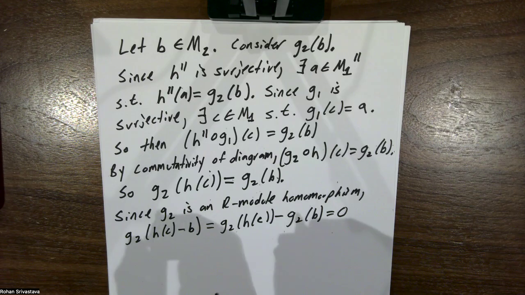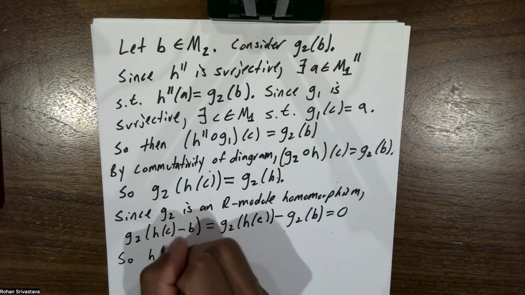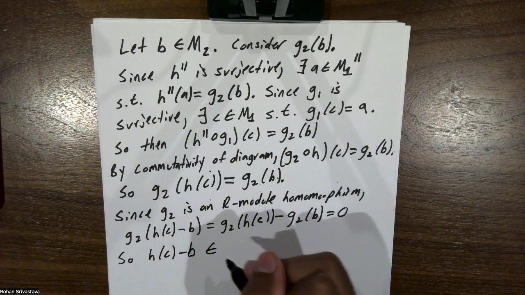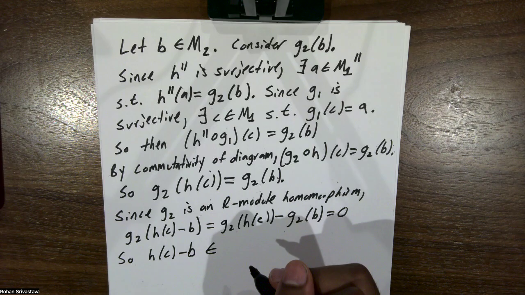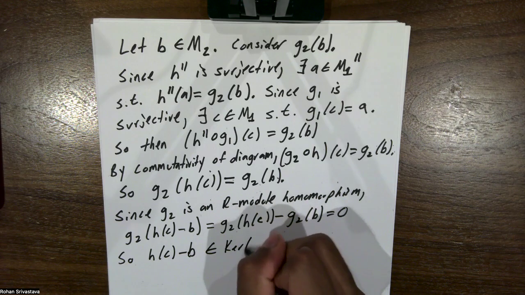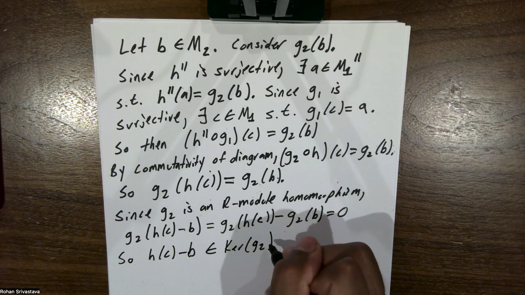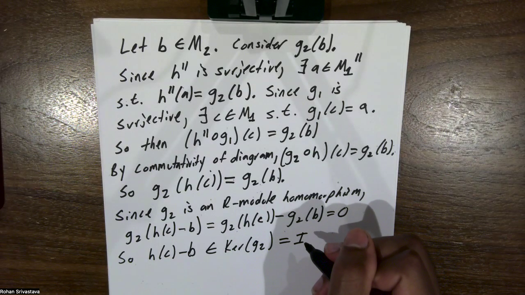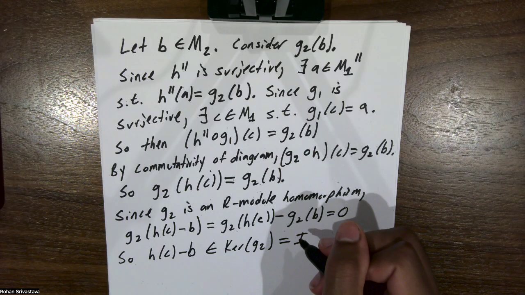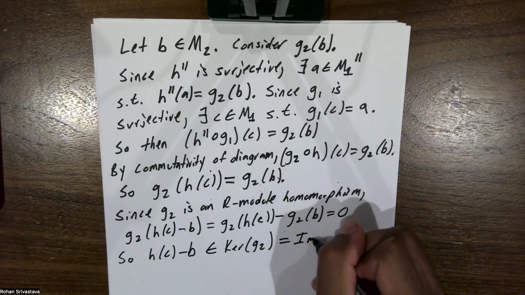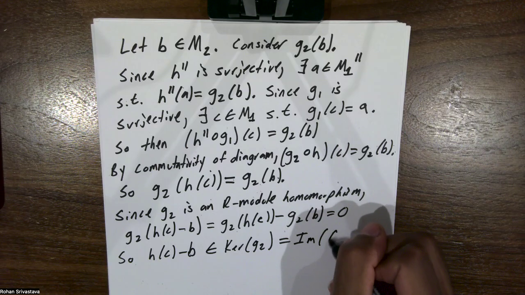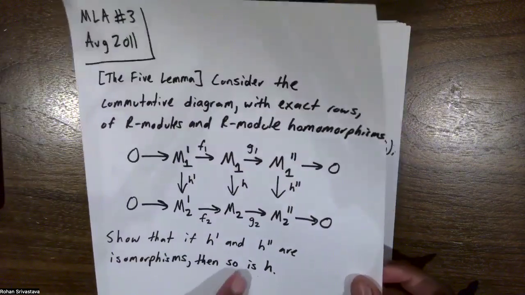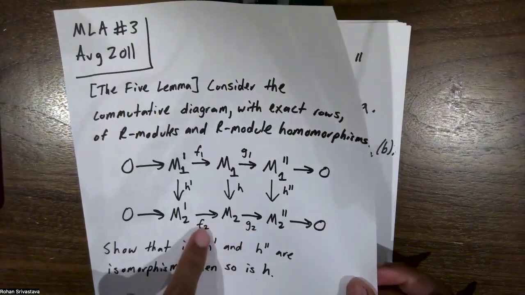So what does that mean? It means that H of C minus B, this element, is an element of the kernel of G2, which is equal, since this is a short exact sequence, to the image of F2. Kernel of G2 is the same as the image of F2.